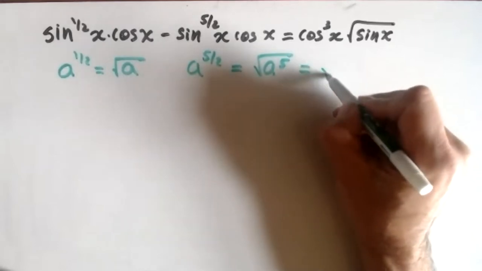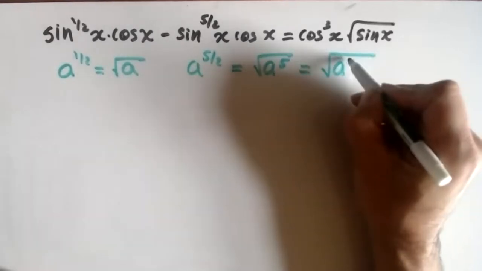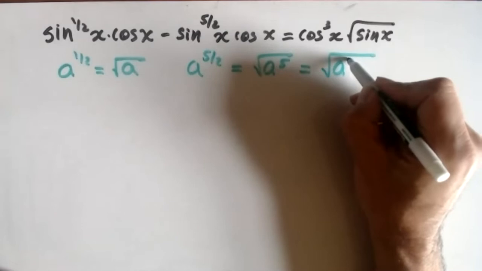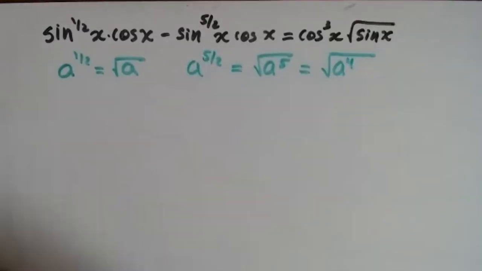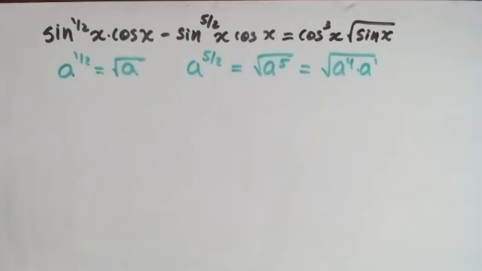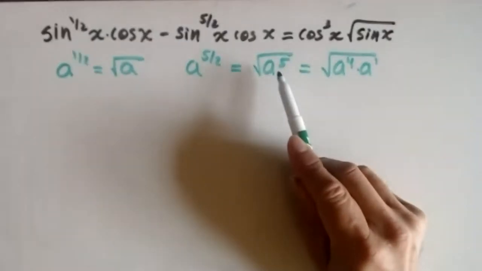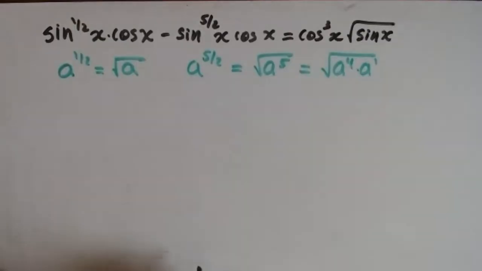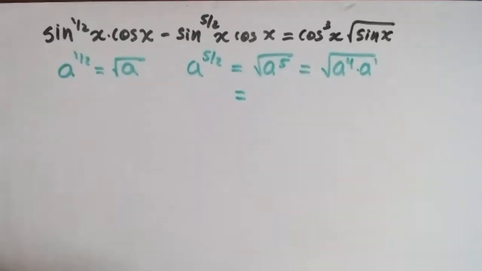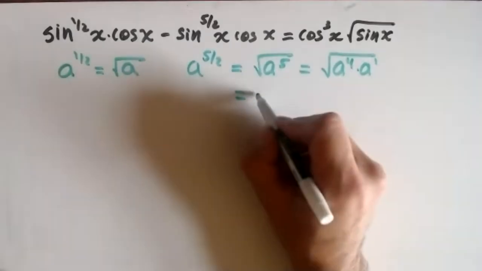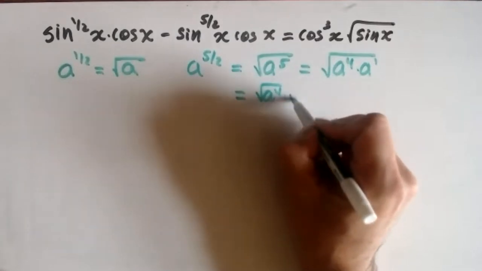This is the square root of, let me just put here, a to the 4th times a to the 1. You remember that a to the 4th times a to the 1 is a to the 5th. So you can break this like this. So this is simply the square root of a to the 4th times the square root of a.